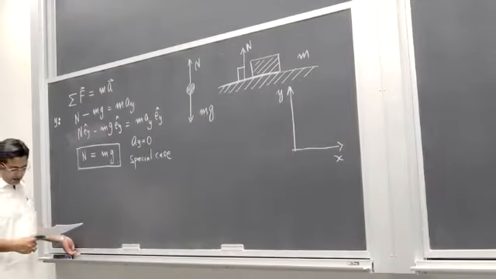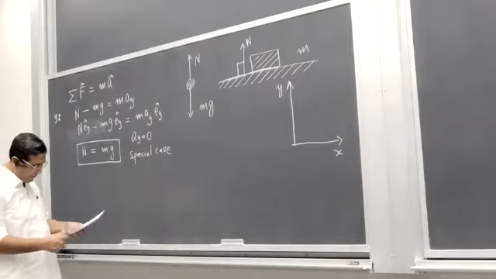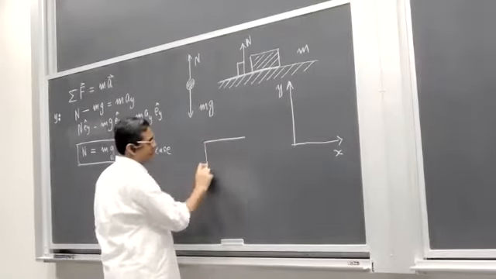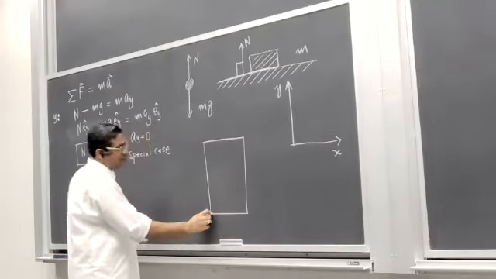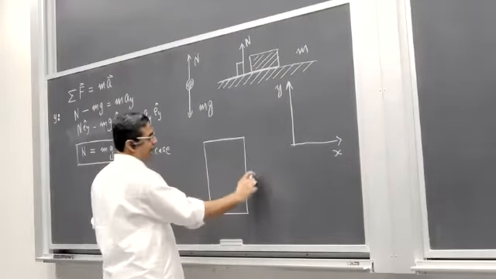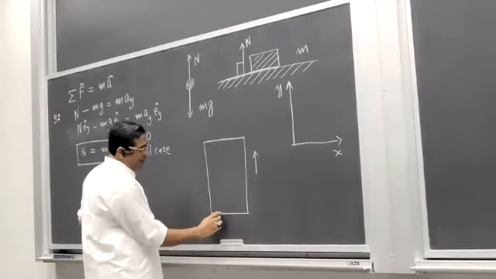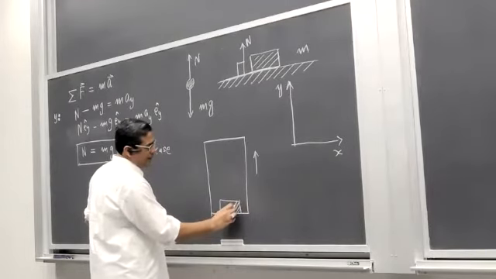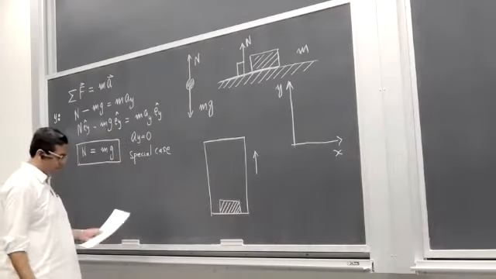So now let's consider another example. Let's say that we have an elevator, and it's accelerating upwards. And then we have a block sitting at the floor of the elevator.